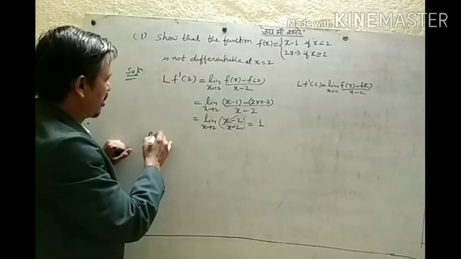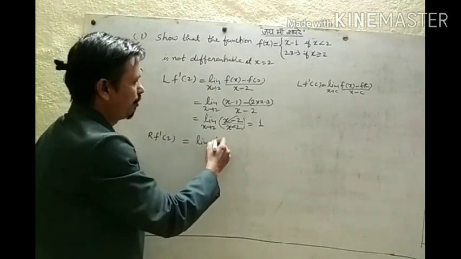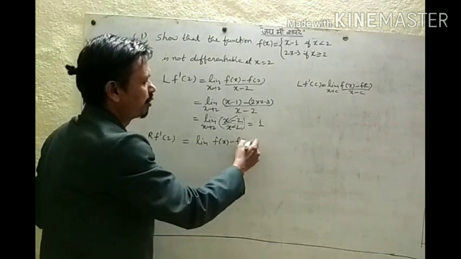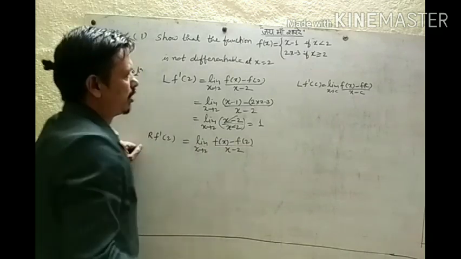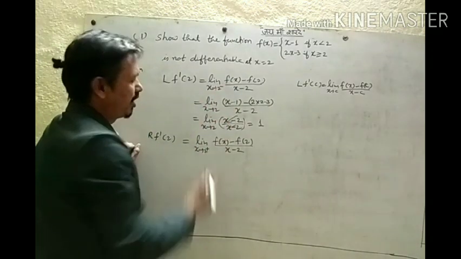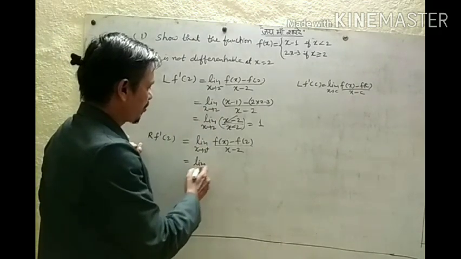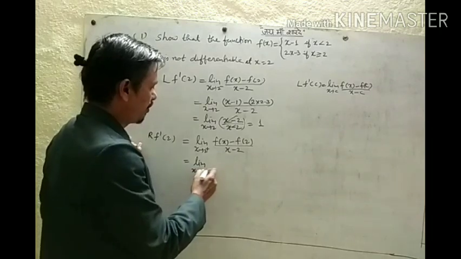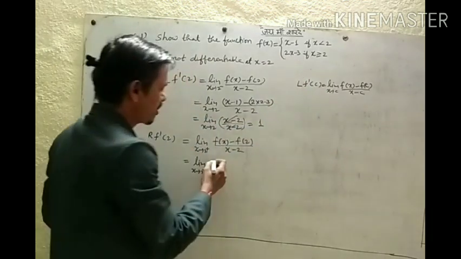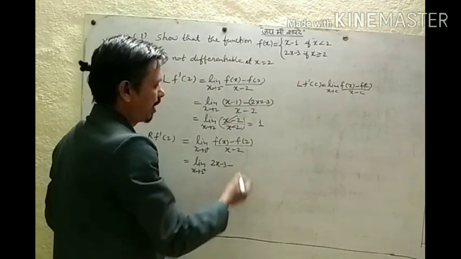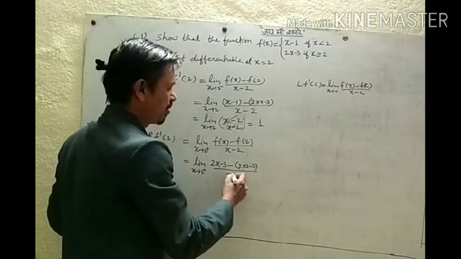Now the right hand derivative at 2 will be the limit of (f of x minus f of 2) upon (x minus 2), as x tends to 2 from the right. Now in this case, when x is more than 2, f of x is 2x minus 3, minus f of 2, same 2 into 2 minus 3, upon x minus 2.